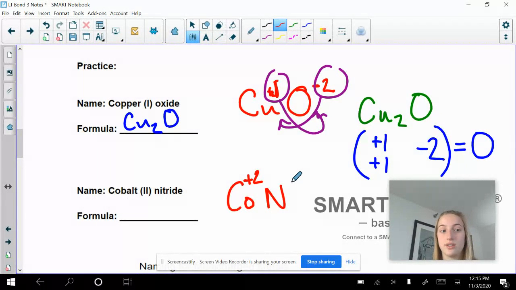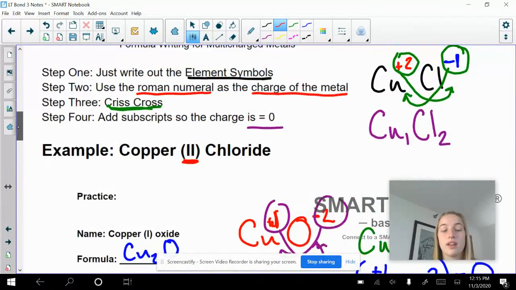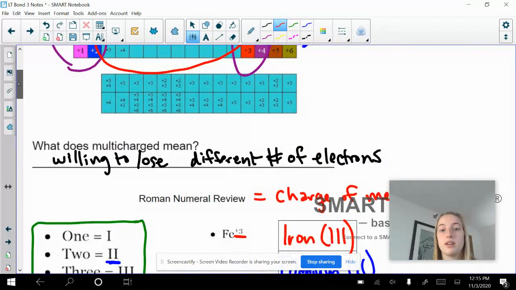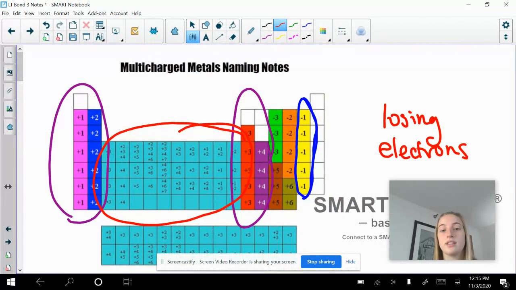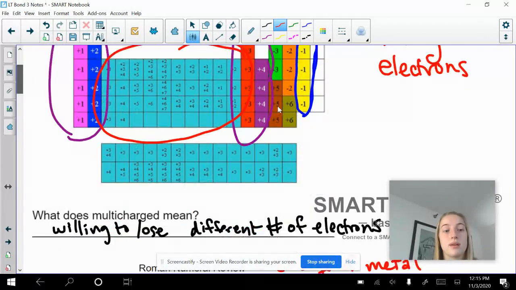So I didn't do this for our first one, but if you are confused about where I got that number, I need to figure out where nitrogen is on the periodic table. So you might have to have a periodic table up. Nitrogen has a -3 charge.